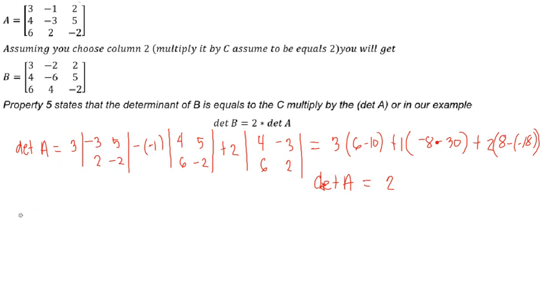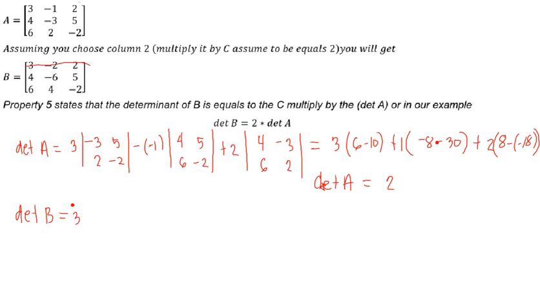So let's move on. Let's solve for the determinant of B. So dapat yung determinant of B natin is 4. Since yung determinant of A natin is 2, multiplied by the value of C, which is 2, dapat yung determinant of B natin is 4. So let's see if our determinant of B is 4. So ito yung matrix B natin. So let's get row 1 as our coefficient.